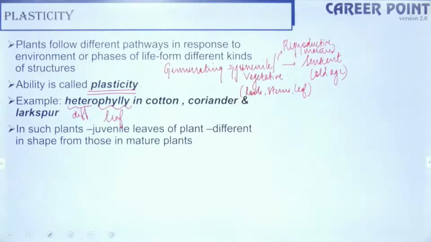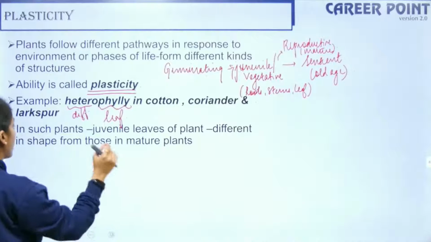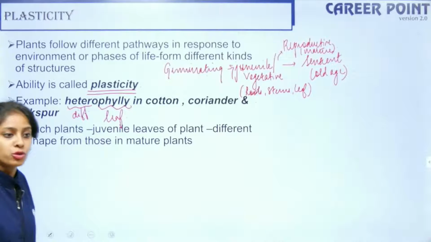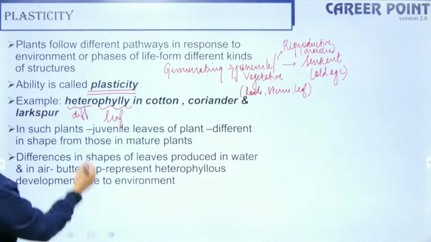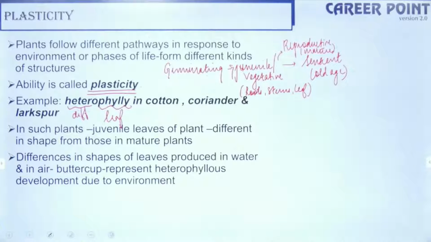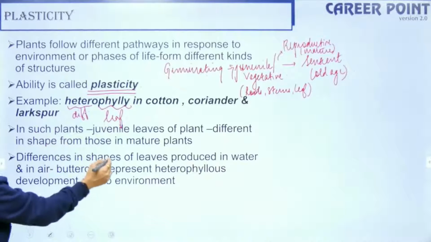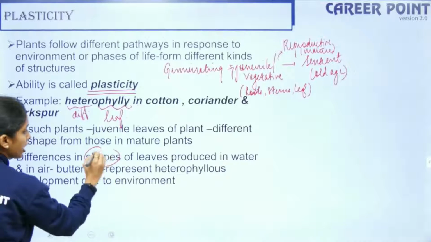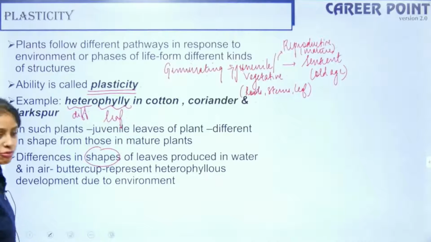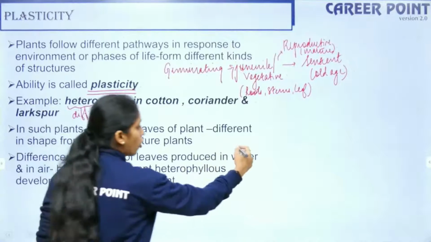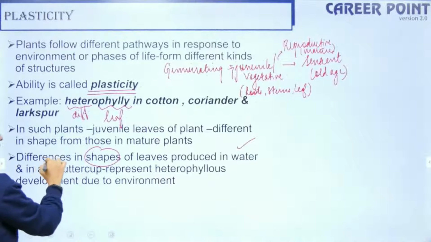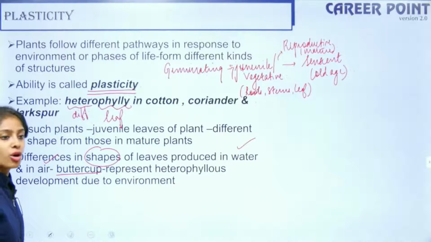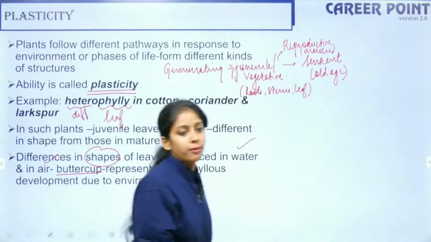So in such plants, juvenile leaves of the plant are different in shape from those in the mature plants. So differences in the shape of leaf produced in water and in air. So this is one example. The next one is the difference in the shape. So this is the entire structure difference. So this is the difference in the shape of leaf produced in water and in air in case of your buttercup. So this also shows plasticity.